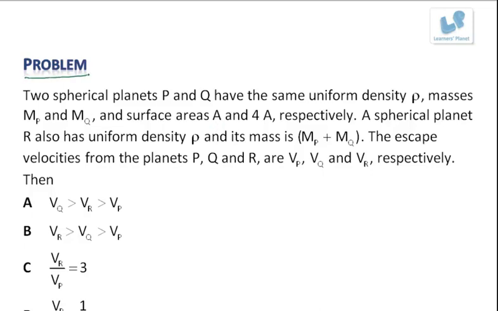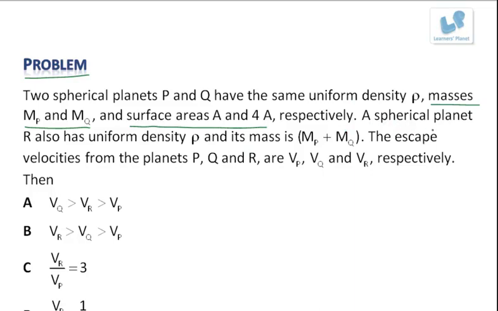Now let us look at the next problem. Two spherical planets P and Q have the same uniform density rho, masses MP and MQ, and surface areas A and 4A respectively.